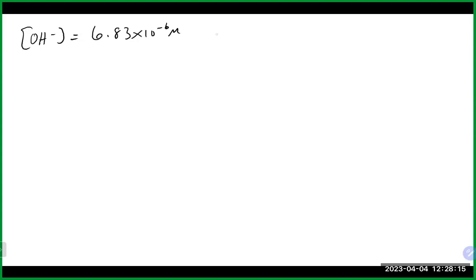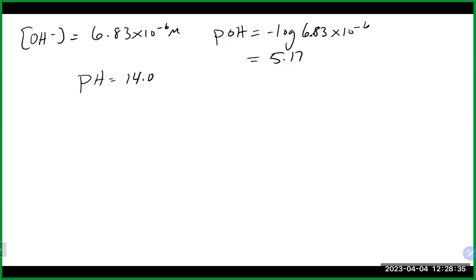That gets me to the pOH, which is minus the log of 6.83 times 10 to the minus 6, which equals 5.17. We then want to make sure that we subtract that from 14 to actually get to the pH.